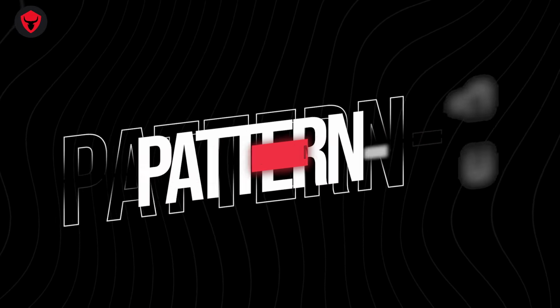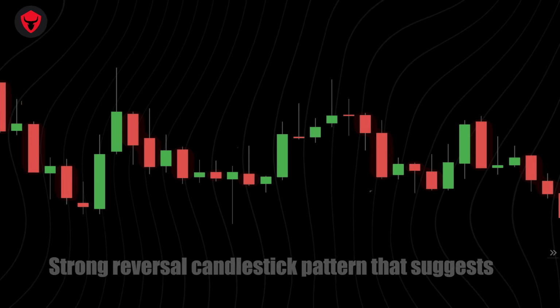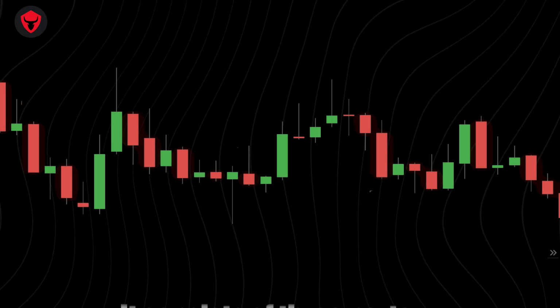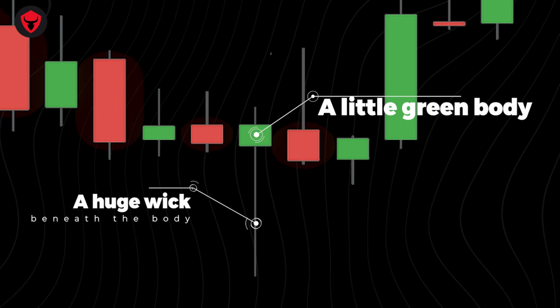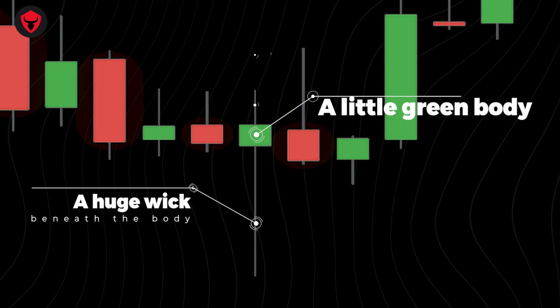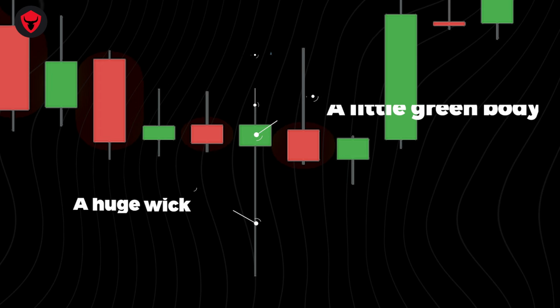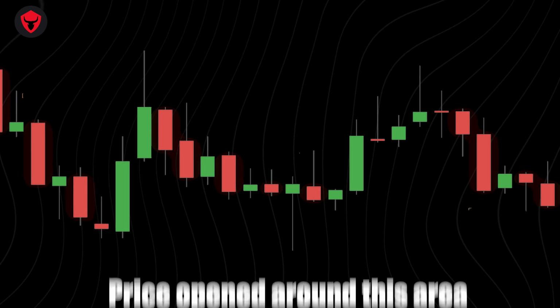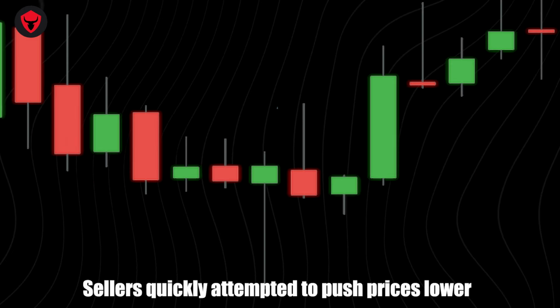Basic patterns. Pattern number 1. Bullish pin bar. A bullish pin bar is a strong reversal candlestick pattern that suggests a possible upward reversal. It consists of three parts: a little green body, a huge wick beneath the body, and a tiny or non-existent wick above the body. A bullish pin bar indicates that the price opened around this area, and sellers quickly attempted to push prices lower.